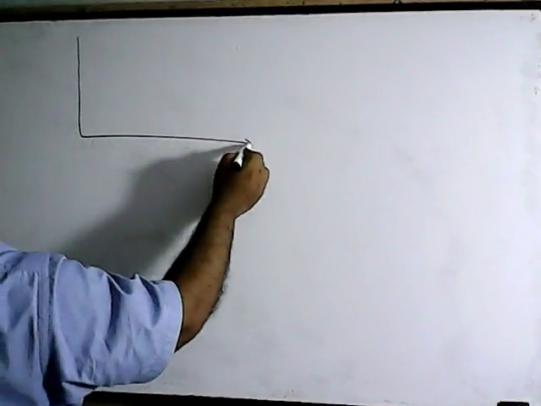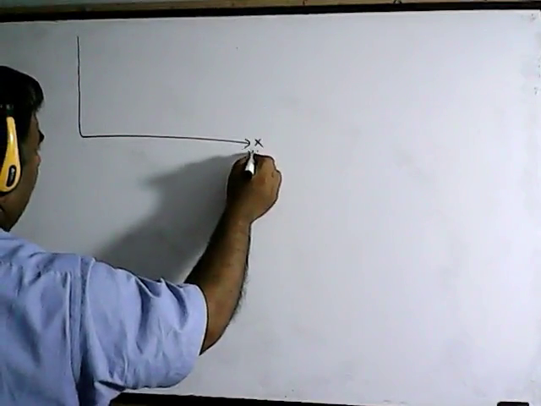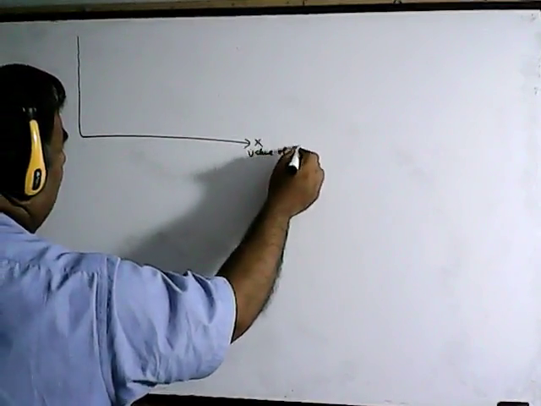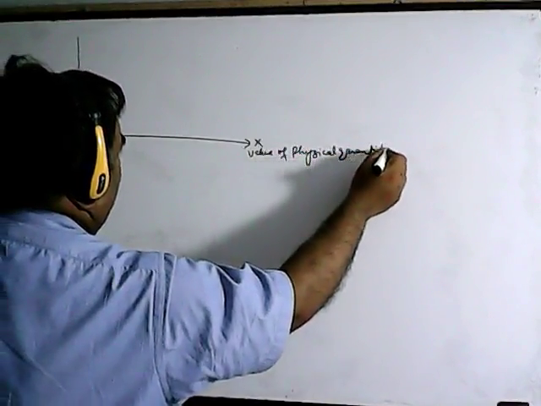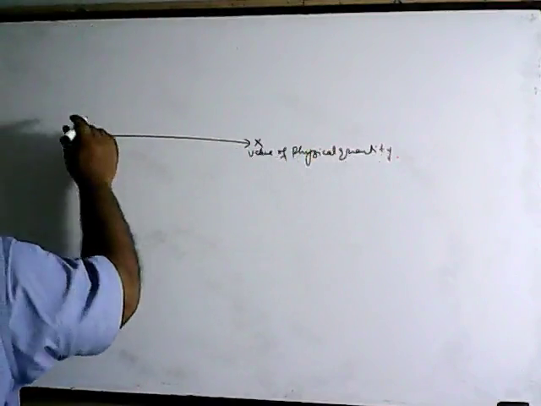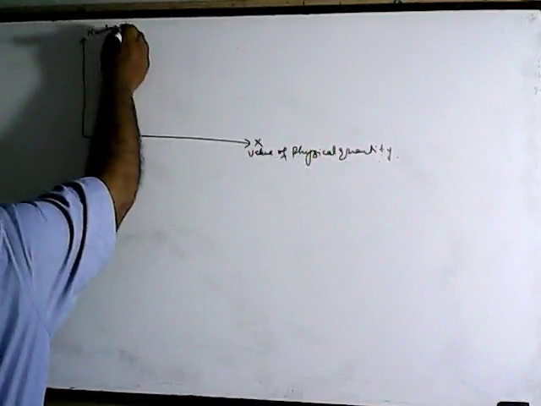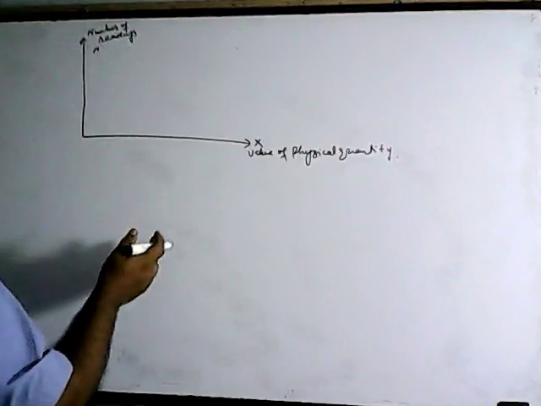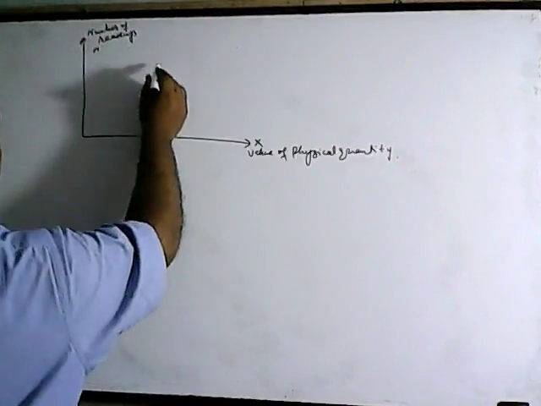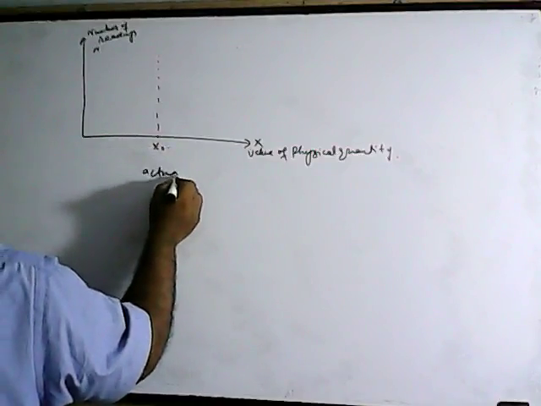The graphs will have an x-axis and a y-axis. Along the x-axis is the value of the physical quantity, and along the y-axis is the number of readings, n. X is the value of the physical quantity, and this is x naught. Suppose I am taking this as the actual value.